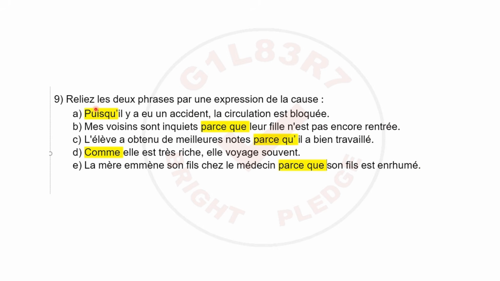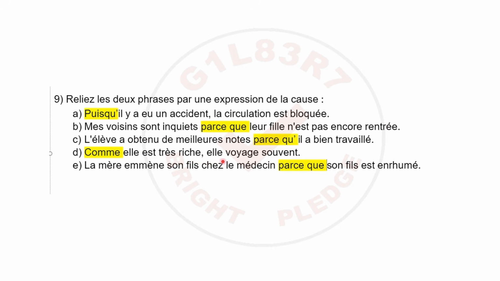Now coming to the A and D. Here it's evident to both the speakers that since there was an accident, the traffic is blocked. And here it's general to all. It's very obvious and evident to everyone that as she is very rich, she travels often.